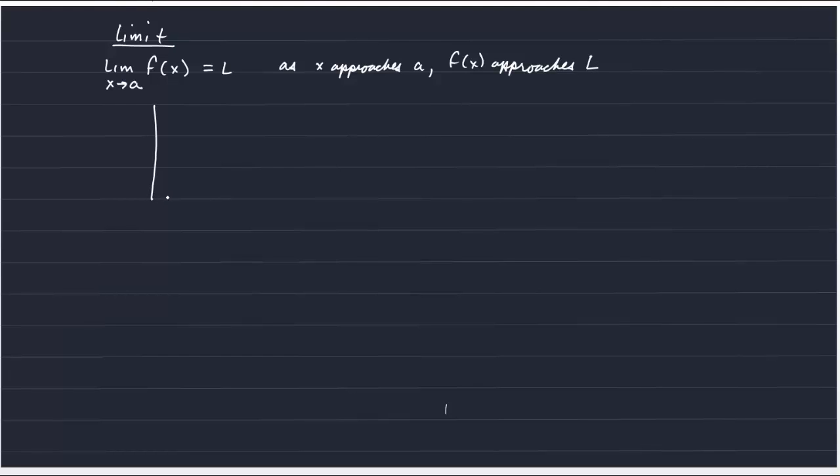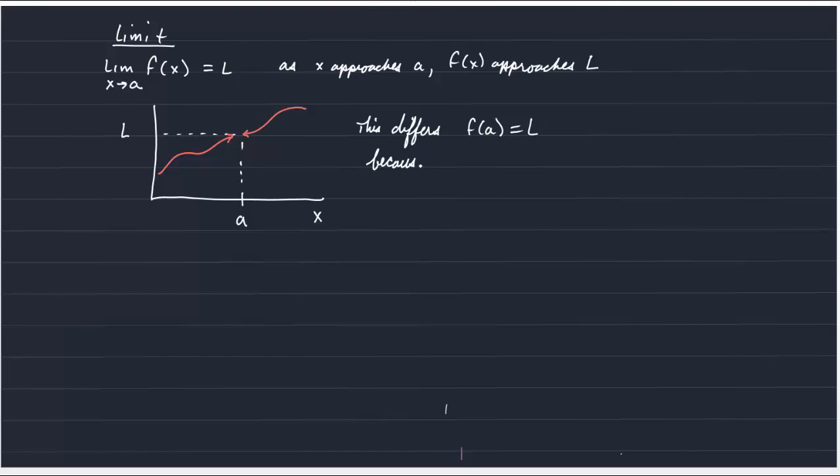So for example, we may have some arbitrary function, and as x approaches our value a, then the function approaches the value L. And this is different than a statement that f of a is equal to L, because f of a may not exist, as I've drawn in this picture.